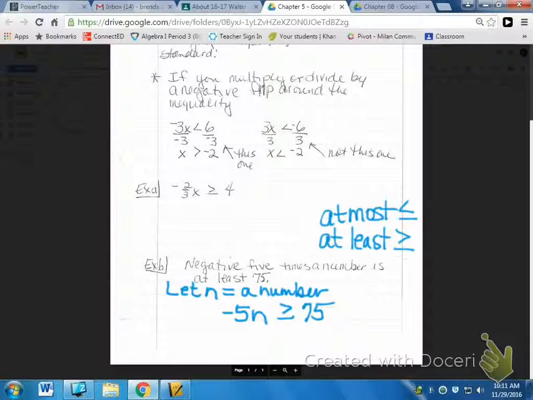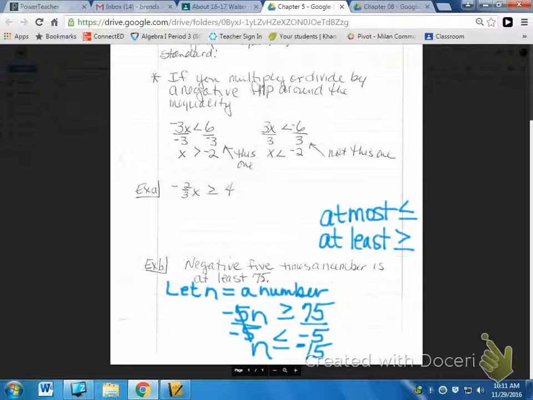So then to solve, we would do what? Divide both sides by -5. And the minute that you think divide by negative, you got to turn that around. And over here, the 5's cancel. N is less than or equal to a positive divided by a negative would leave me with a negative, and 75 divided by 5 would be 15.